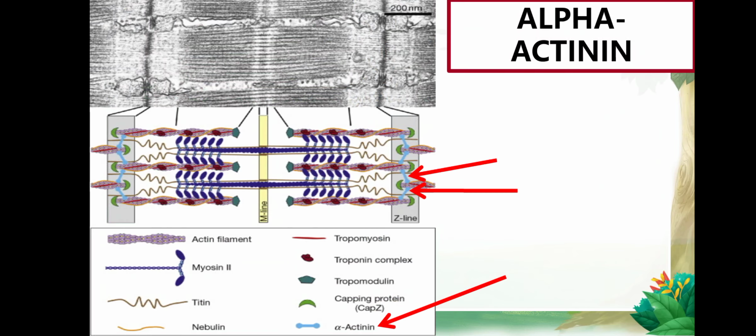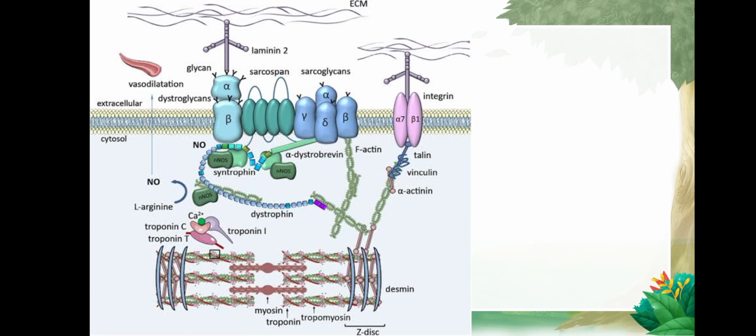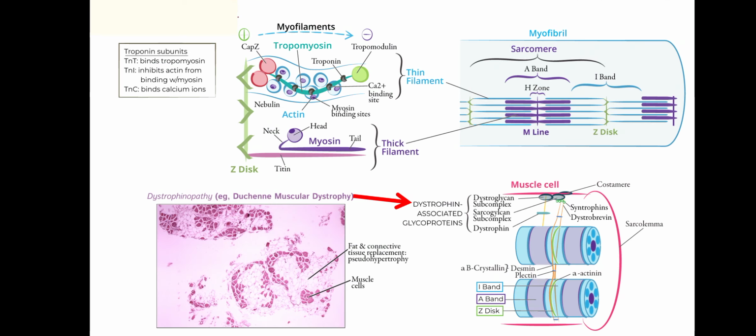Here you can again see alpha actinin present. In this figure you can see clearly two actins are connected with alpha actinin, and you can see how dystrophin is connected to the actin filament. Okay, so you can see in this figure that dystrophin is a complex of glycoprotein, isn't it? It is not one single protein.